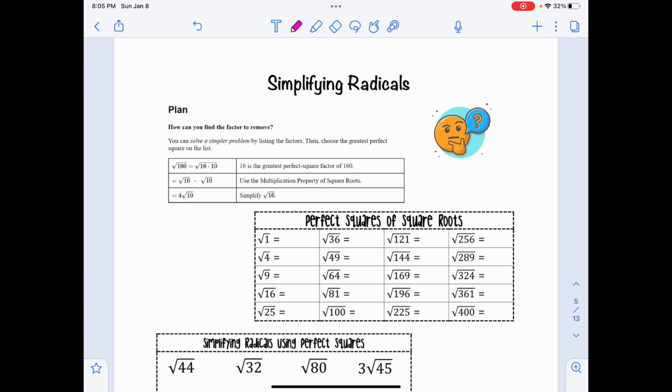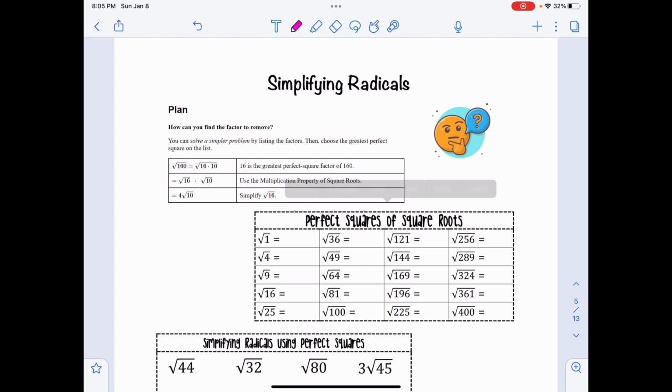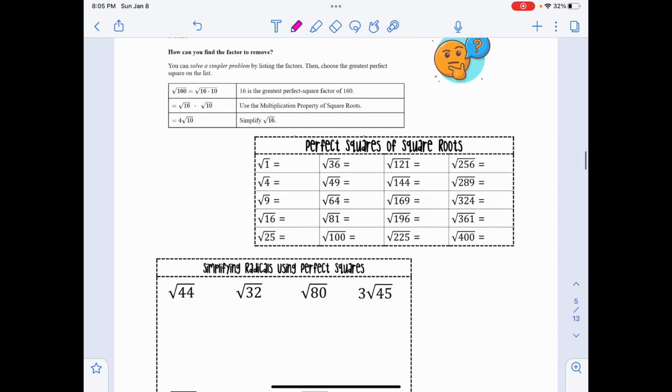So we're going to focus first on this middle box here. Inside of this box, we have some square roots, and each one of these square roots happens to be a perfect square.